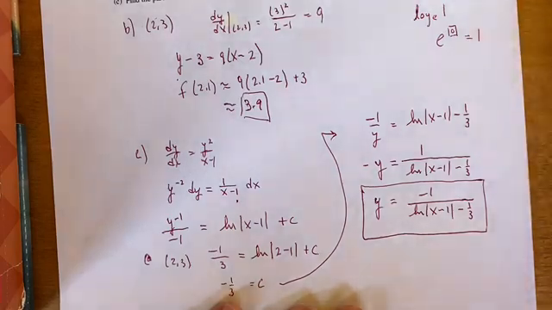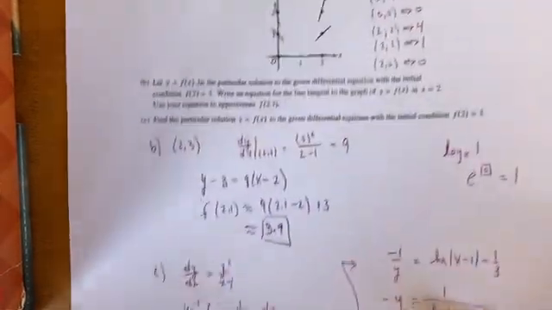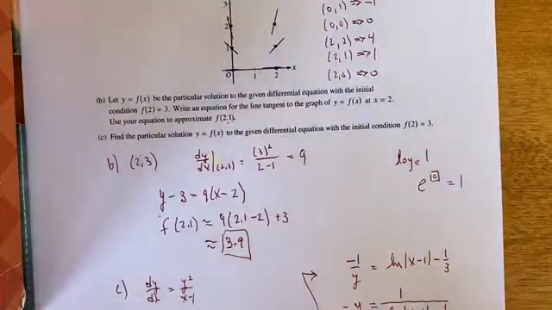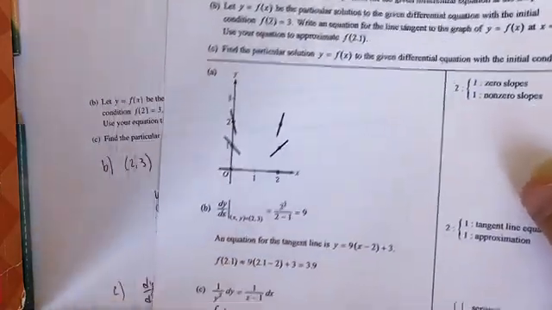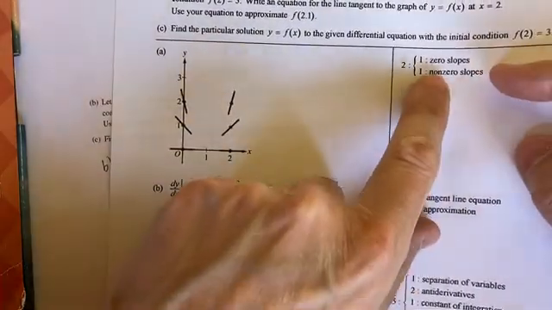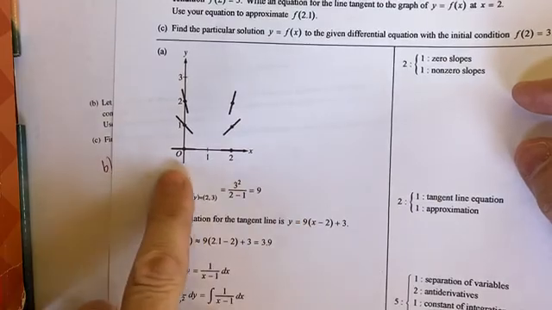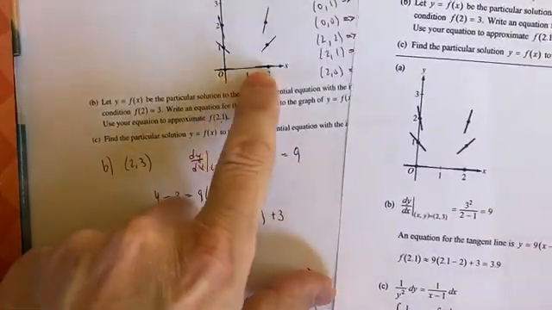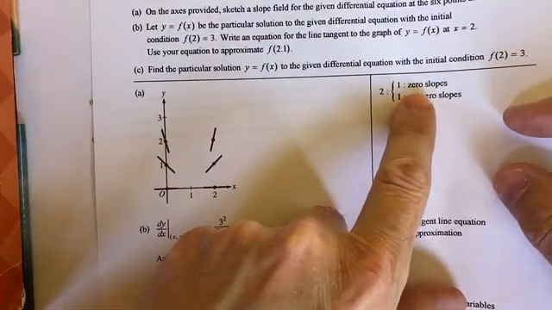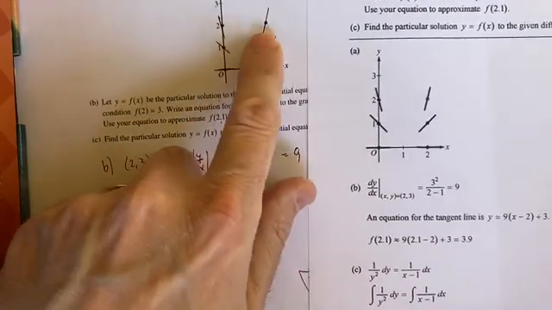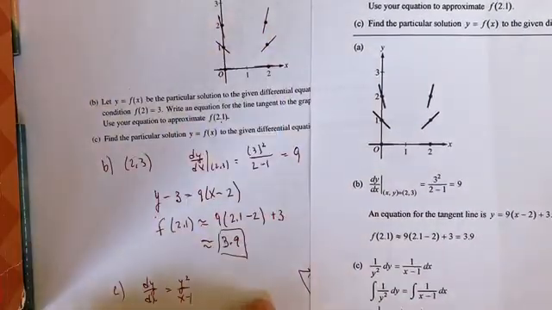Okay, so let's look at the scoring guidelines. 2 points. 1 point for the zero slopes for those two, right? And 1 point for the non-zero slopes, so -4 and +4, -1 and +1.